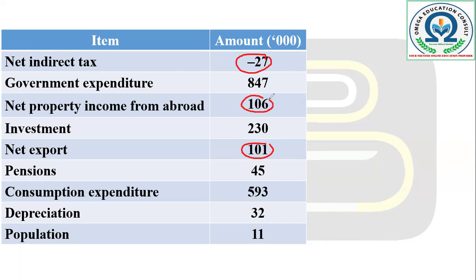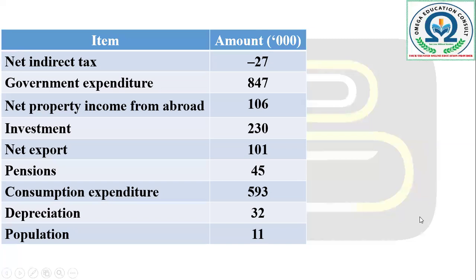These are the computations that we did earlier. So when these are given to you, you don't have to go and then write exports separately, imports separately, income of citizens abroad separately, income of foreigners, subsidy, indirect taxes separately. You will just have to add at each of the stages. So let's try our hands on this and then see how it goes.